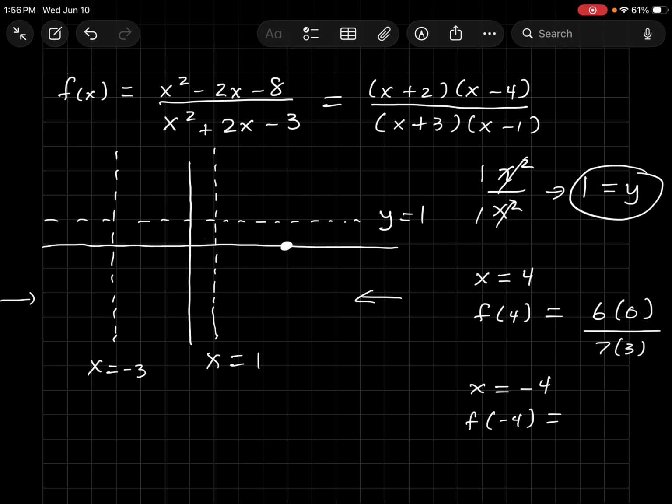So I get negative 4 plus 2 times negative 4 minus 4 over negative 4 plus 3 times negative 4 minus 1, giving us 16 over 5. So when x is negative 4, y is 16 over 5. So somewhere about right there.